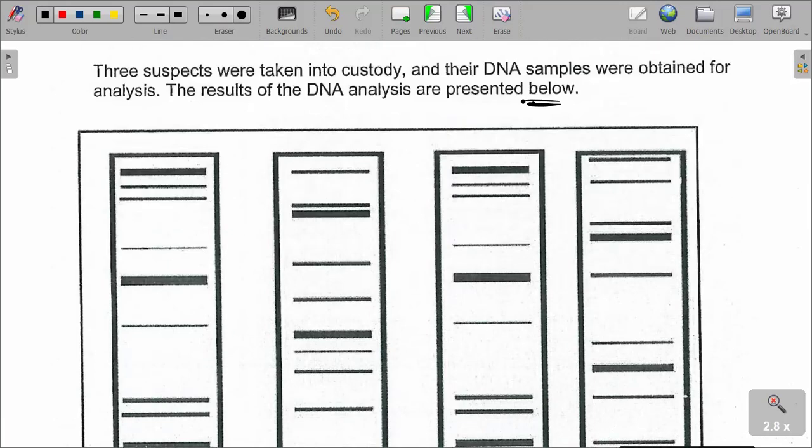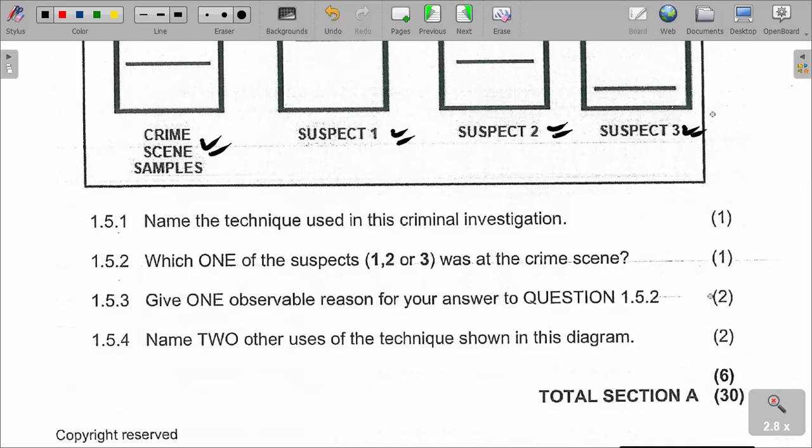So what the question is saying is name the technique used in criminal investigation. The technique used is DNA profiling. This is called DNA profiling, which we also call DNA fingerprinting.